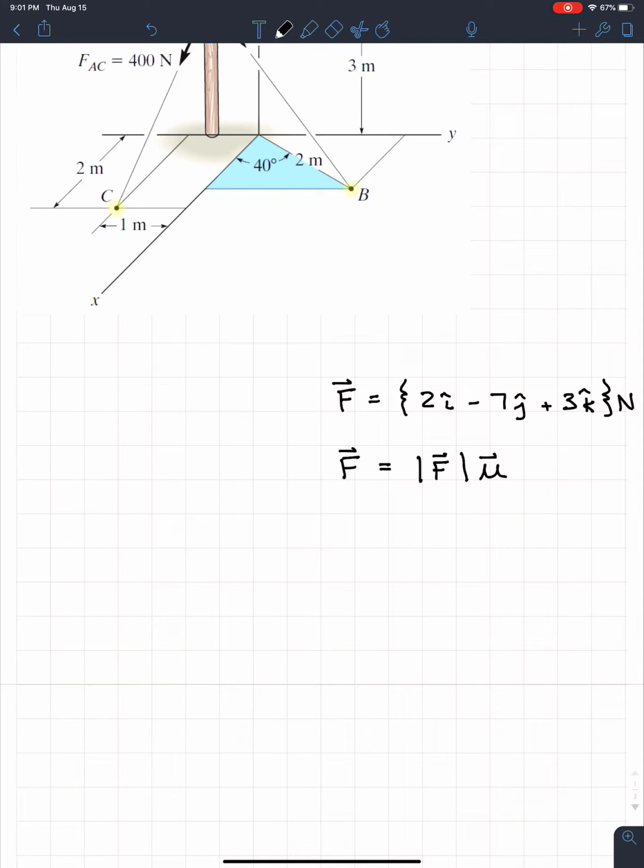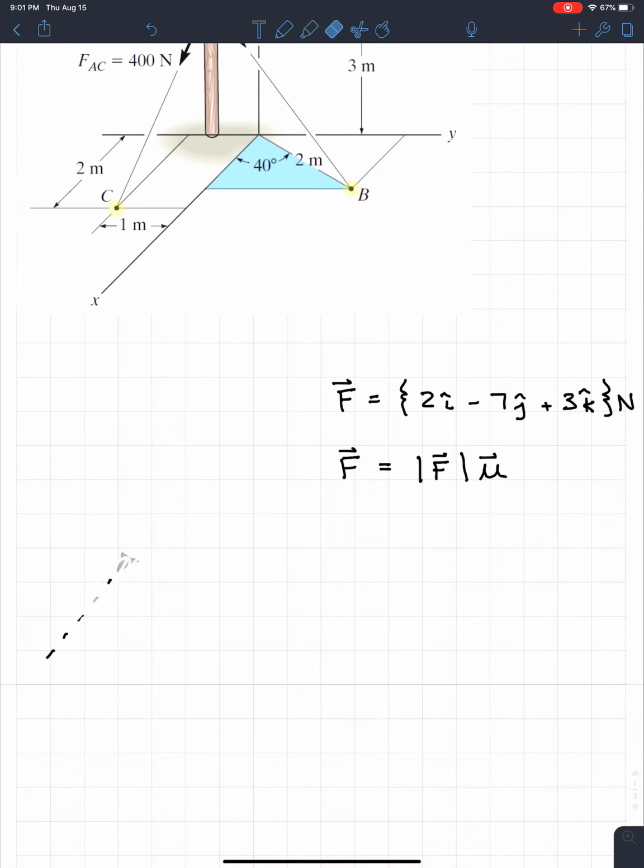So for example, if my force vector goes something like this, and it has a magnitude of 250 newtons, what this unit vector is, is just the direction of this line. It's not the 250, it has no units, it's just the simple direction of this line.